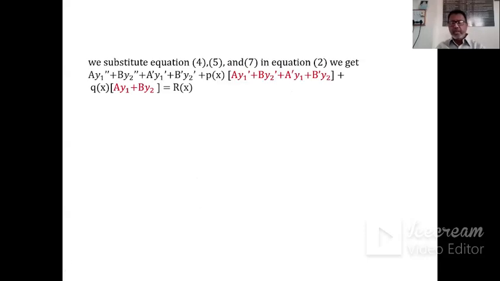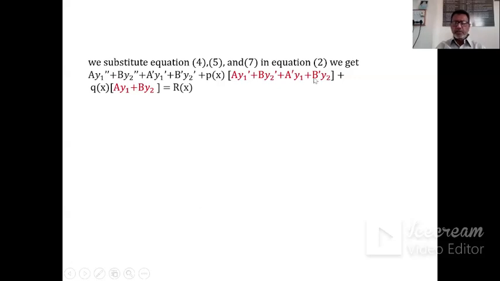Then we get A y1 double dash plus B y2 double dash plus A dash y1 dash plus B dash y2 dash, plus p of x into A y1 dash plus B y2 dash. We have taken this as 0.